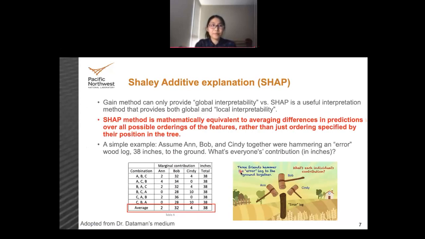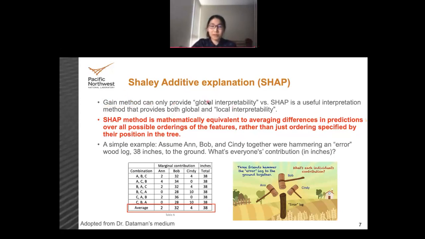When we have a model, the most important thing is that we are trying to learn from this model, so it is very important to have a method to measure which predictors are important. Traditionally, the default method in XGBoost is called the gain method, but this gain method only provides global interpretability.